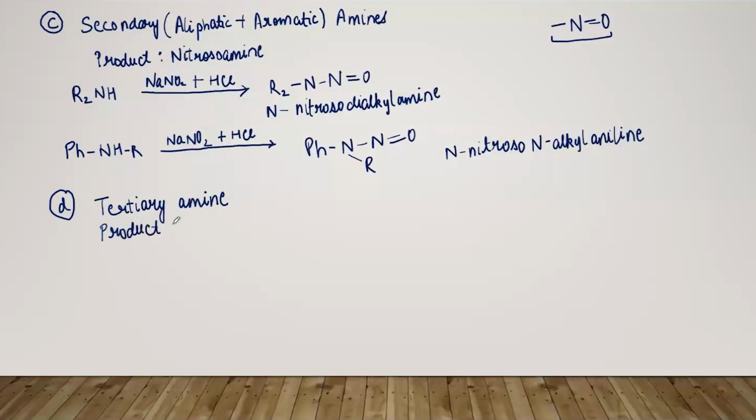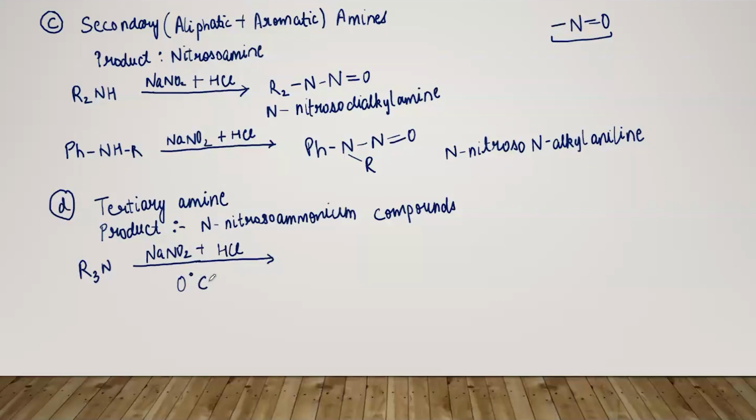The names might seem very difficult, but when you look at the structure it is not that complex as you might think just by looking at the name. So the products of this category are known as N-nitroso ammonium compounds. For the tertiary amine, this will be R3N. This reaction is also carried out at 0 degrees Celsius, at very low temperatures, and here two kinds of salts are formed.